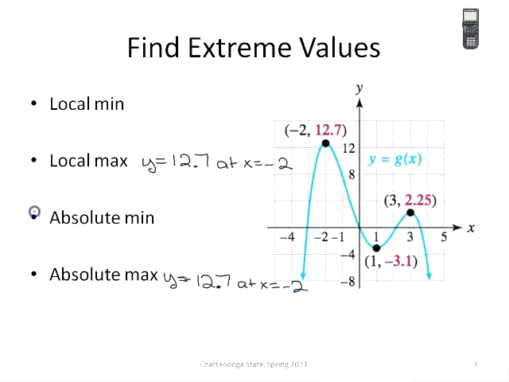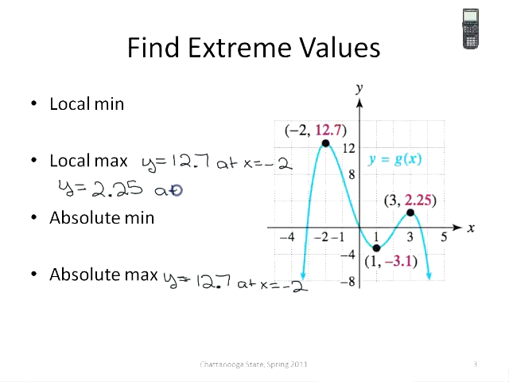That's not the only maximum I have. I have another maximum over here. So this is another local or relative maximum because it's the highest point in its area. So I would refer to this one as a local max of 2.25 because that's the y value.